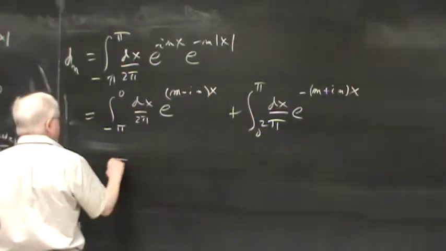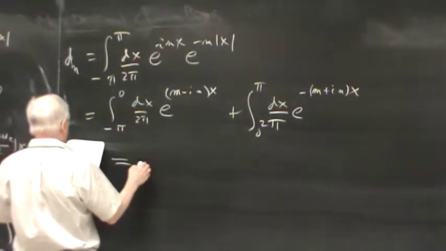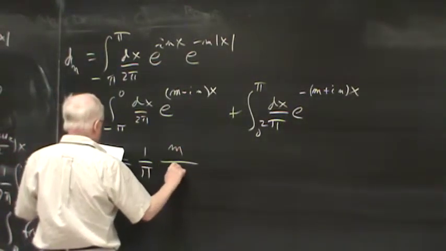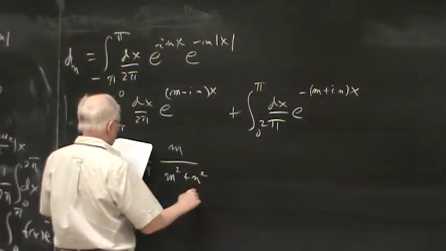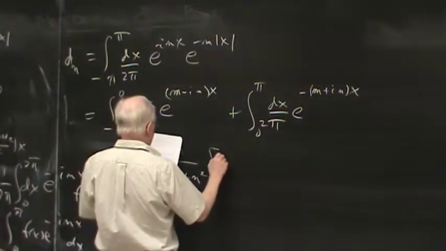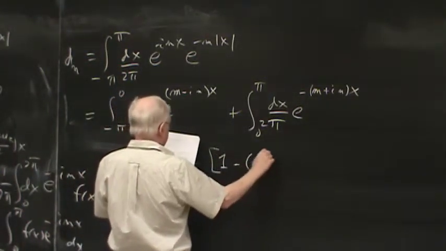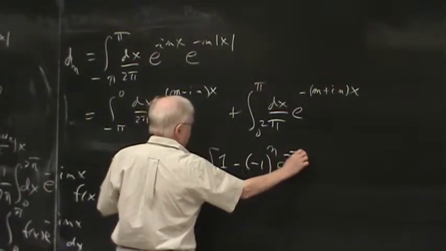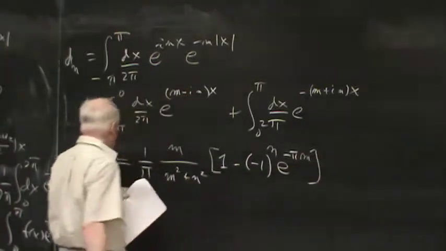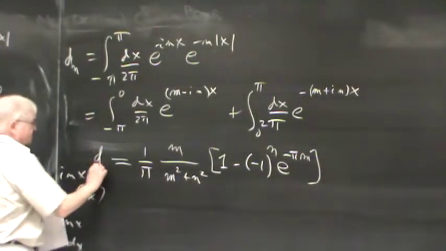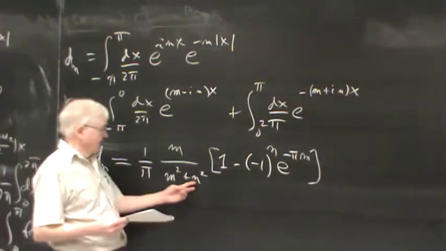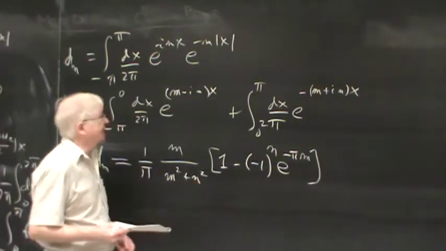And so we do the integrals and we find what we get is 1 over pi, m over m squared plus n squared, times 1 minus minus 1 to the n e to the minus pi m. So that's our expression for d_n. And in this case, we see that it goes down as 1 over n squared.